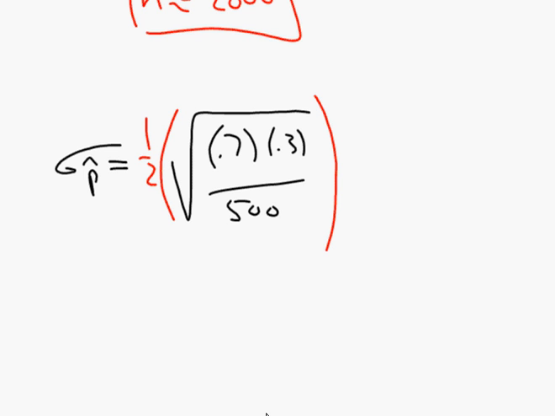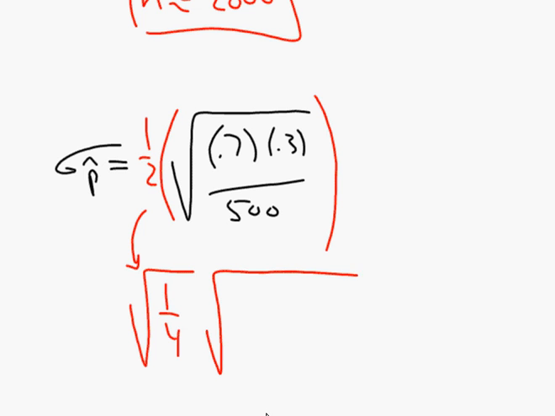And actually, that's not so bad. I have 1/2 times this. Now, I'd like to multiply the 1/2 by the things under the radical, but this 1/2 is not under a radical. So I'm going to rewrite this as the square root of 1/4. I know that's okay to do because the square root of 1/4 is 1/2. So I really didn't change the problem at all.